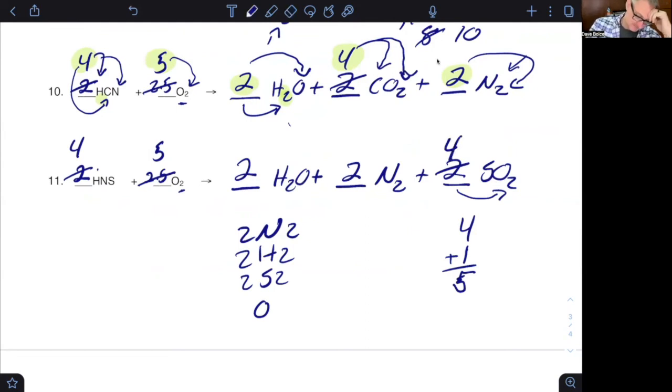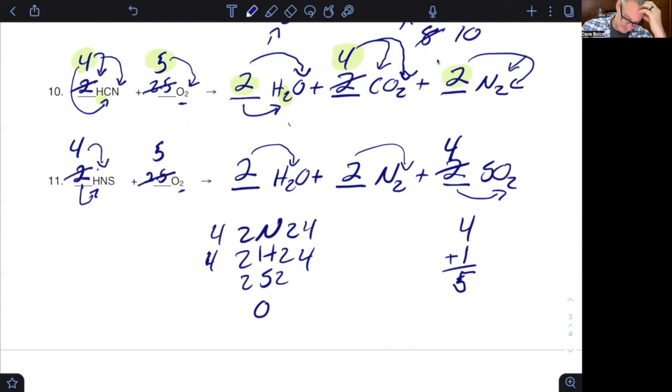Okay. So I've got 4 hydrogens. And on this side, 2 times 2 is 4. So I've got 4 hydrogens. Oh, I skipped ahead to hydrogen, but oh well. For my nitrogen, I've got 4 here. And 2 times 2 is 4, so 4 on both sides. And for my sulfur, I've got 4 here and here I have 4.